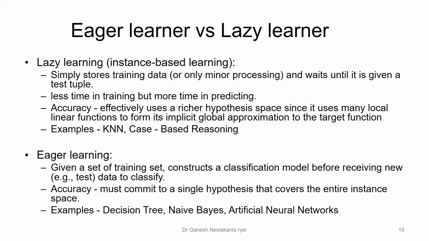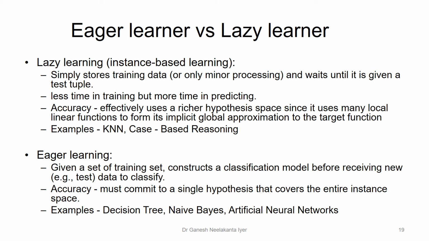Now, what are eager learners and lazy learners? We said this before, but let me tell you once more. Lazy learning simply stores the training data and waits until a given test tuple. Less time in training but more time in predicting. It effectively uses a richer hypothesis space since it uses many local linear functions. KNN is a very good example of lazy learning. They only learn when a requirement comes.